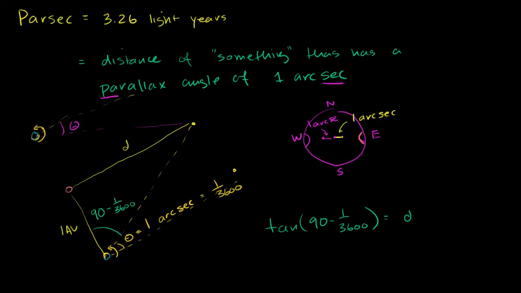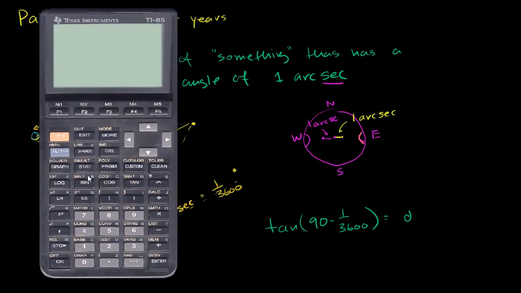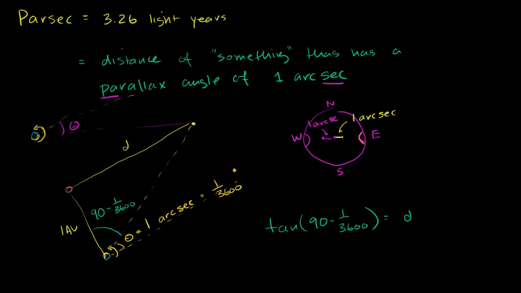So we get our calculator out, and we want to find the tangent of 90 minus 1 divided by 3600. And we will get our distance in astronomical units, 206,264. Maybe I'll say 265.